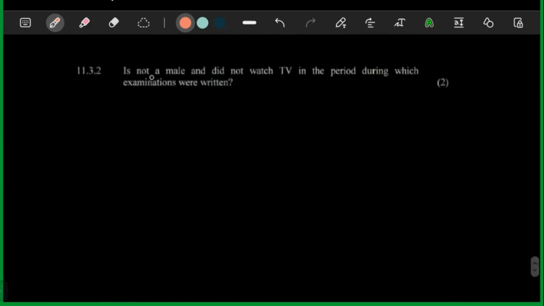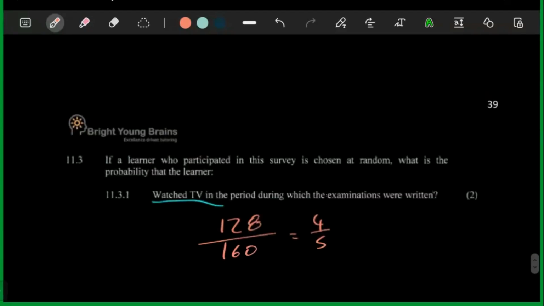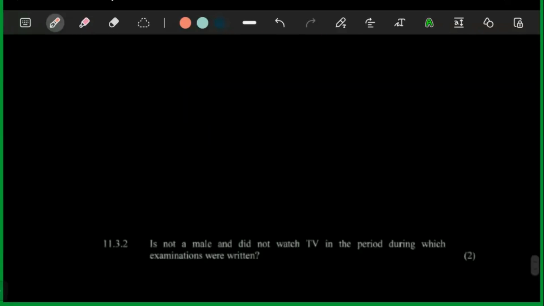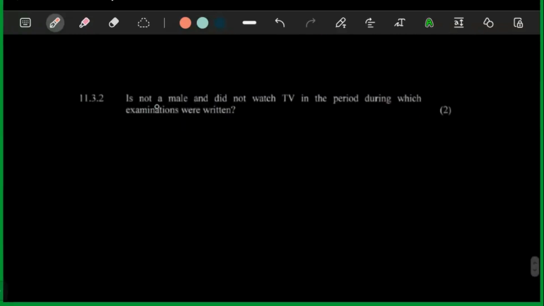11.3.2 says: if a learner who participated in the survey is chosen at random, what is the probability that the learner is not a male and did not watch TV?